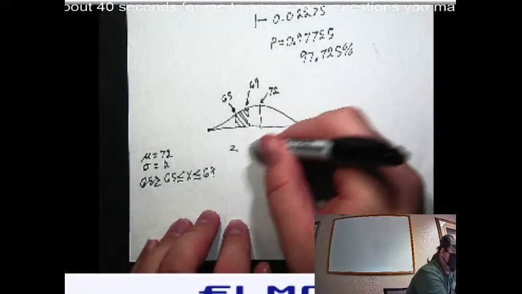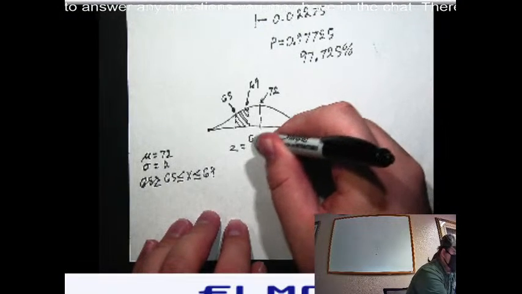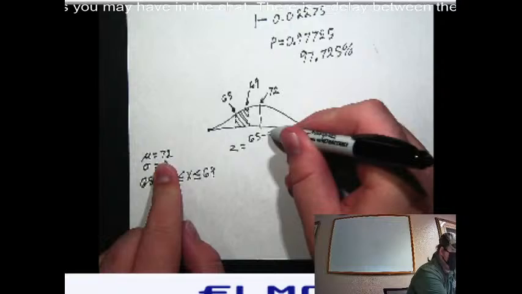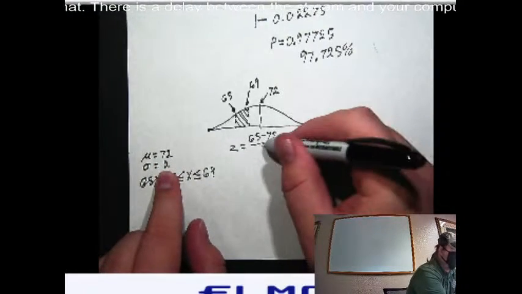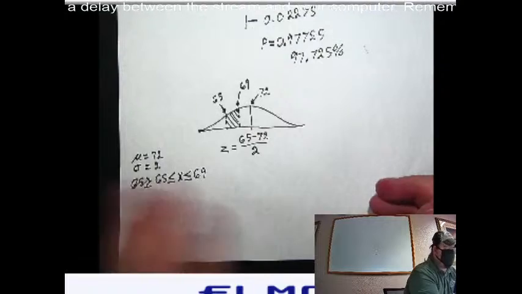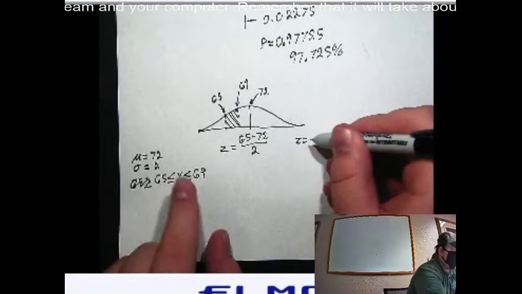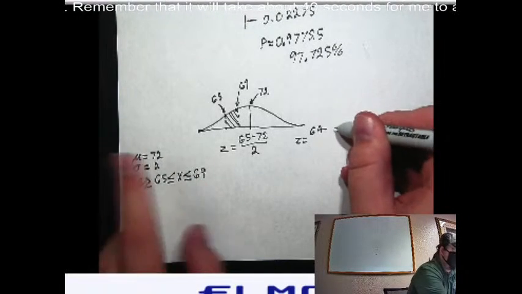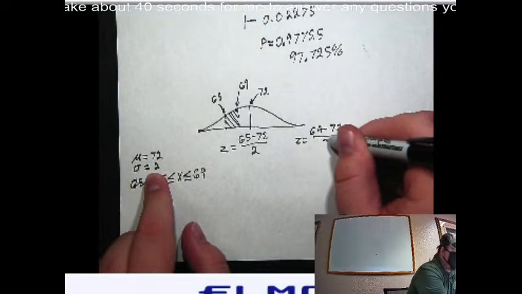So our first one, z equals 65 minus our mean, 72, over the standard deviation, 2. And then the second one, same thing, z equals 69 minus the mean, 72, over the standard deviation, 2.